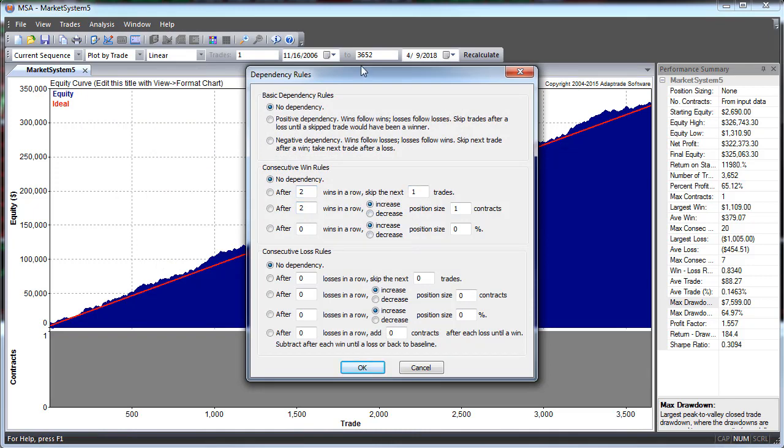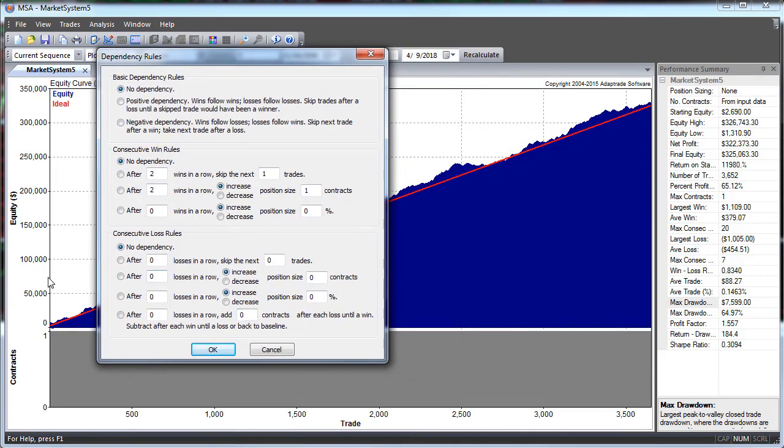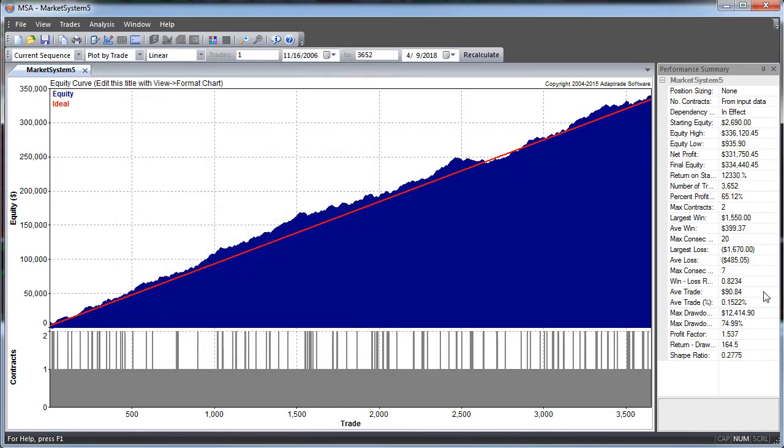So the dependency rules, you can say, after 3 losses in a row, increase position size by 1 contract. Let's see what happens there. So it doesn't really improve the net profit, but it increases the drawdown. So that's not a good method for this portfolio.